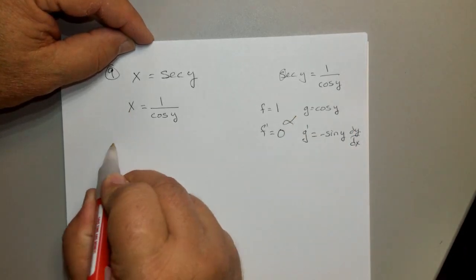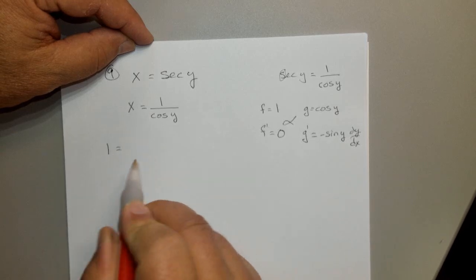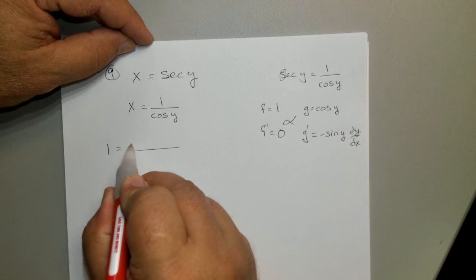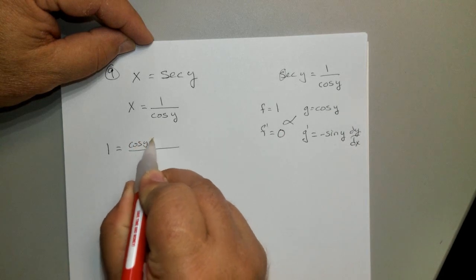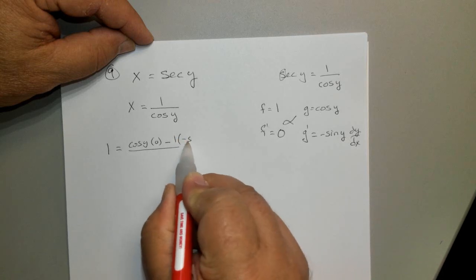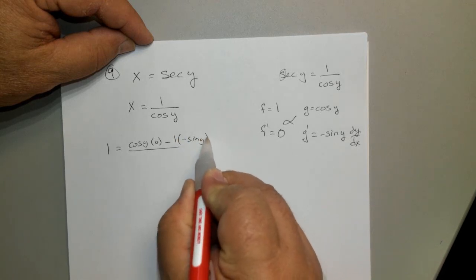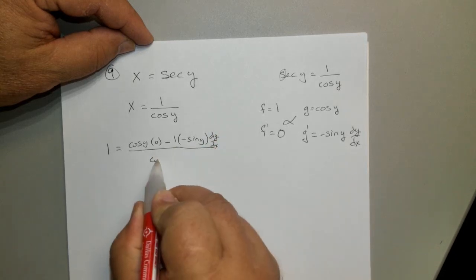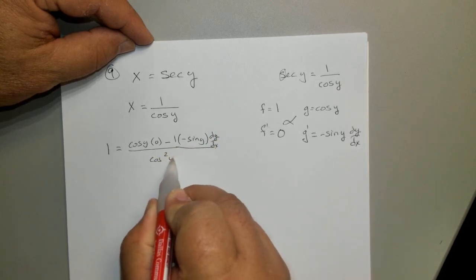The derivative of x, 1. Cosine y times 0 minus 1 times negative sine y dy/dx all over cosine squared y.